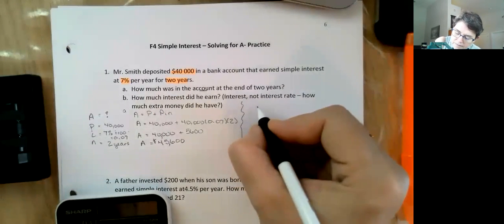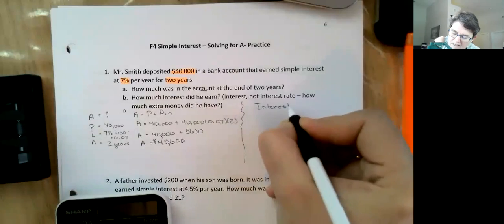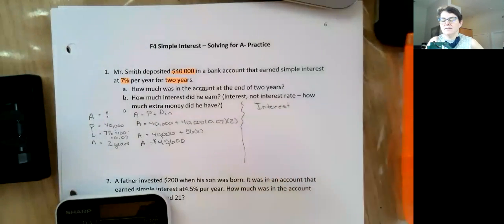Now, interest. There is a formula for it, but I don't want to use extra formulas if I don't have to.